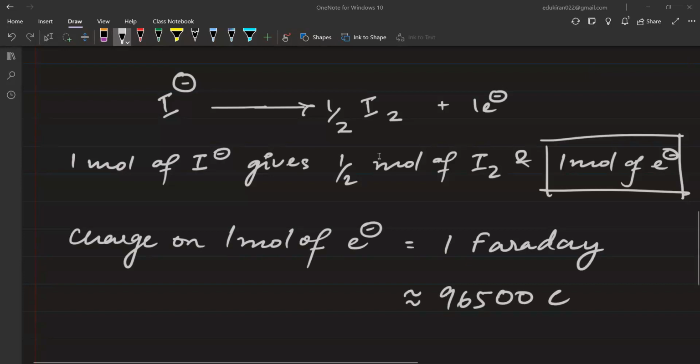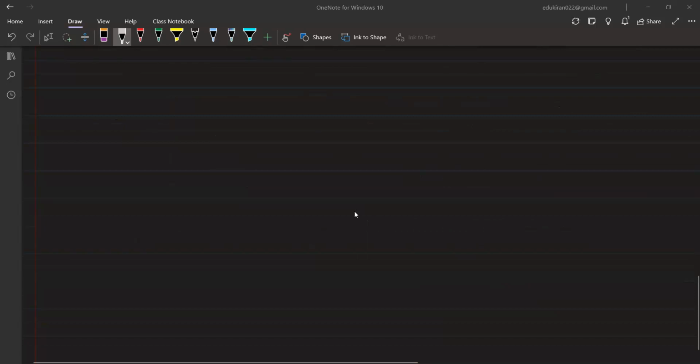ठीक है, अगर आपको ये स्टेटमेंट पढ़ना आ रहा है, what you need to do, एक सवाल दिया रहेगा, उससे आप रिएक्शन लिखिएगा. रिएक्शन से फिर कितने मोल इस्तेमाल हो रहे हैं वो लिखना पड़ेगा. ठीक है, चलिए प्लीज राइट अ क्वेश्चन.